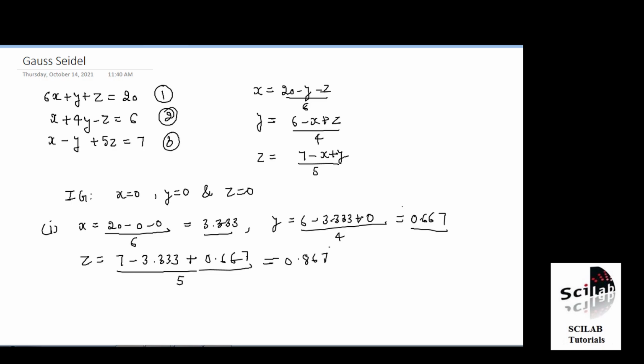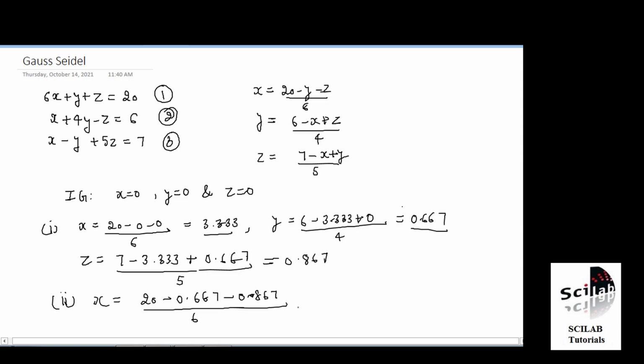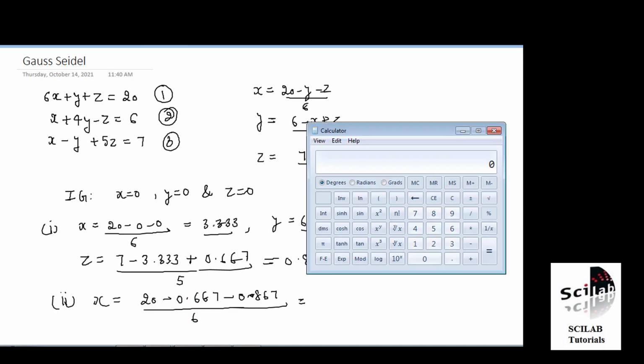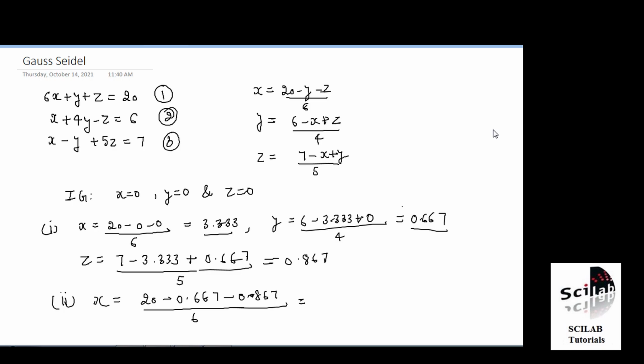For example, in the second iteration, if I want to calculate the value of x, we will use the most latest values of y and z in this equation, and I have 0.667 and 0.867 as the most latest values. So I will get x = (20 - 0.667 - 0.867) / 6, and this will give me, let us use our calculator, 3.077.